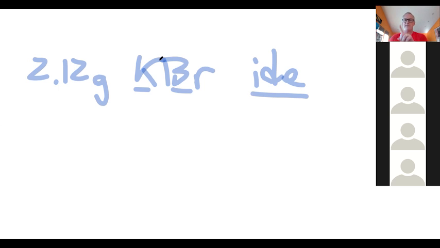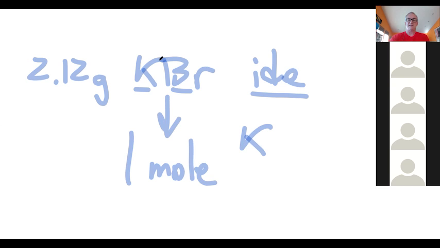So if we have 1 mole of KBr, how many moles of potassium and how many moles of bromine do we have in that mole? How many moles of potassium atoms, how many moles of bromine atoms?